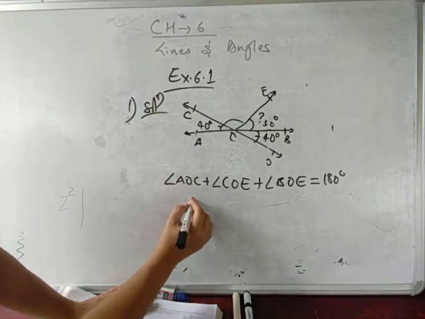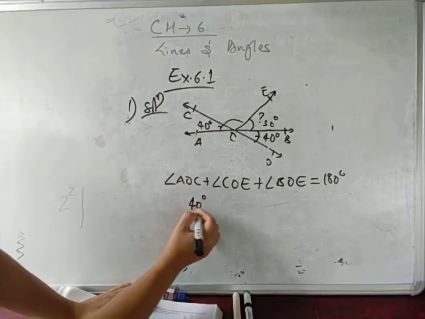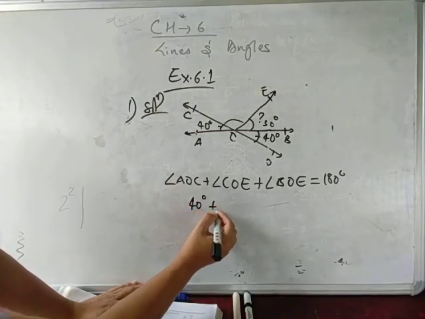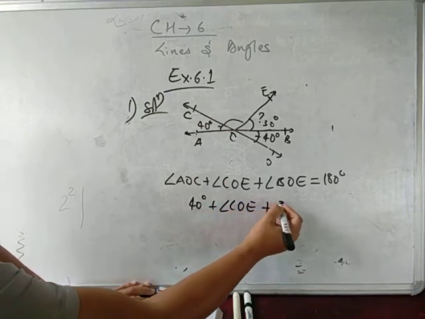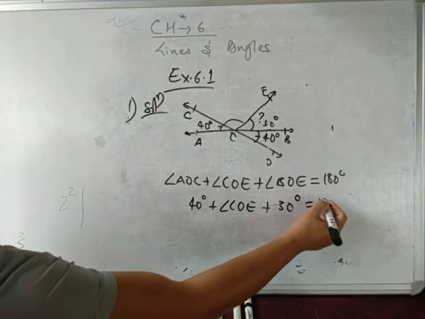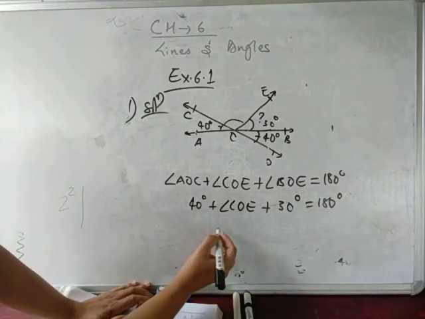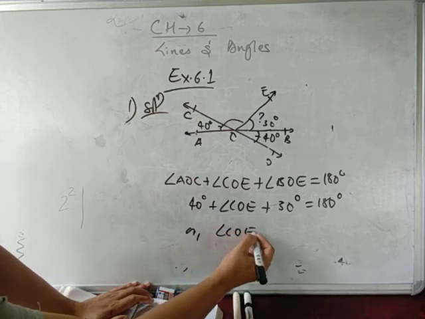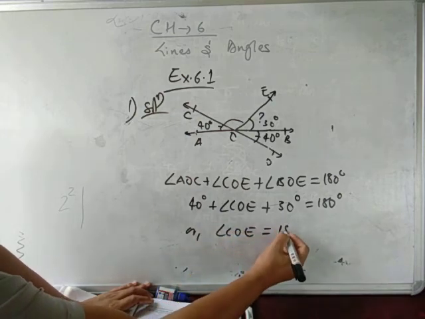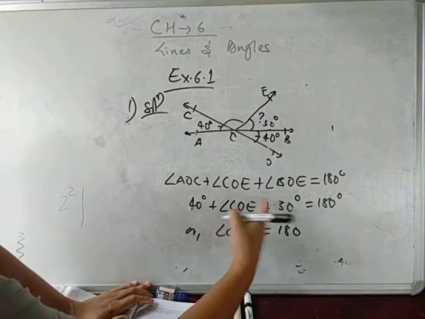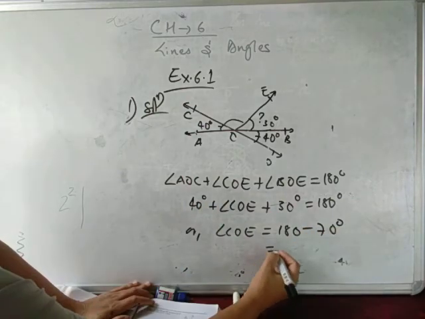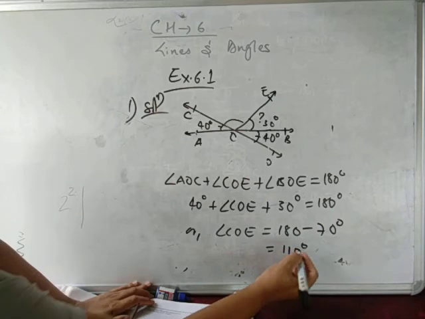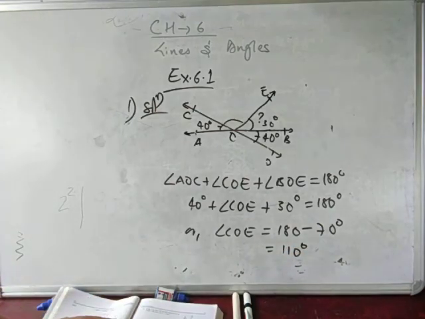So AOC 40, COE you have to find, plus BOE 30 degree equals 180 degree. Taking the other side, COE equals 180 minus 70, so 110 degree.